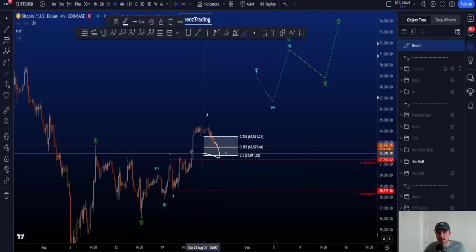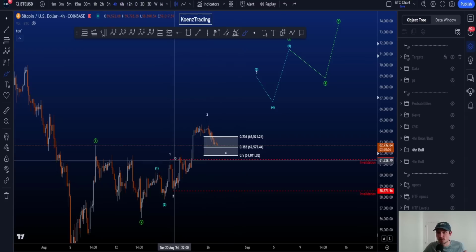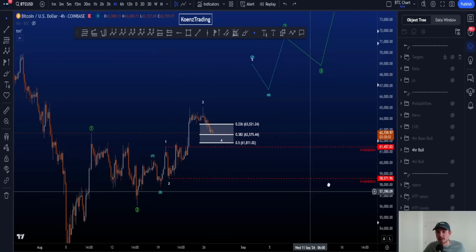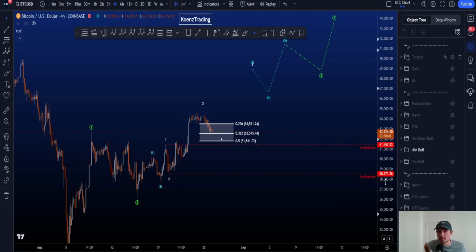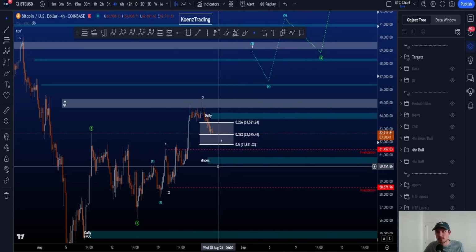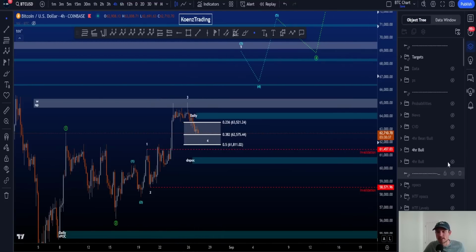So if price would move to the downside and touch the high of this wave 1, in a multi 1-2, in an impulse, 1 and 4 are not allowed to overlap. That's only allowed in a diagonal if we think about impulsive structures. So therefore the invalidation is 61.4k, which is interesting because if we look at the great support to the downside, then this area of support is below the invalidation.